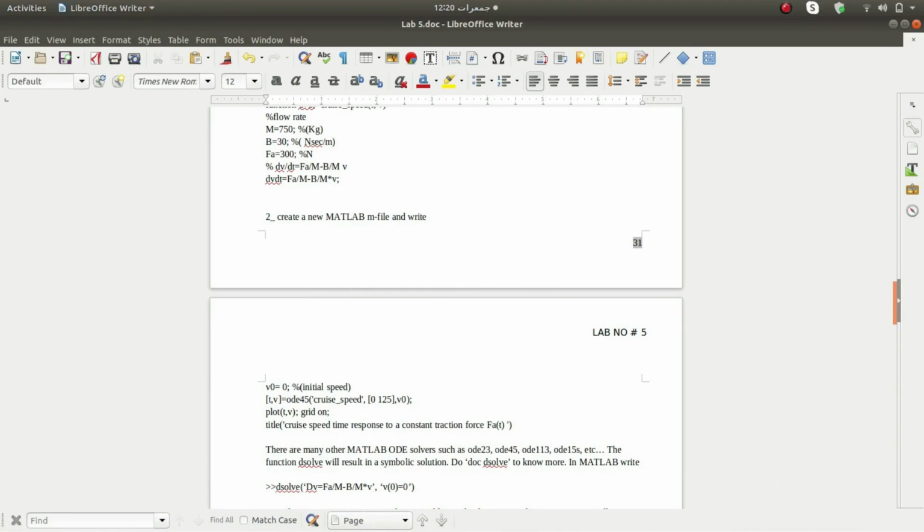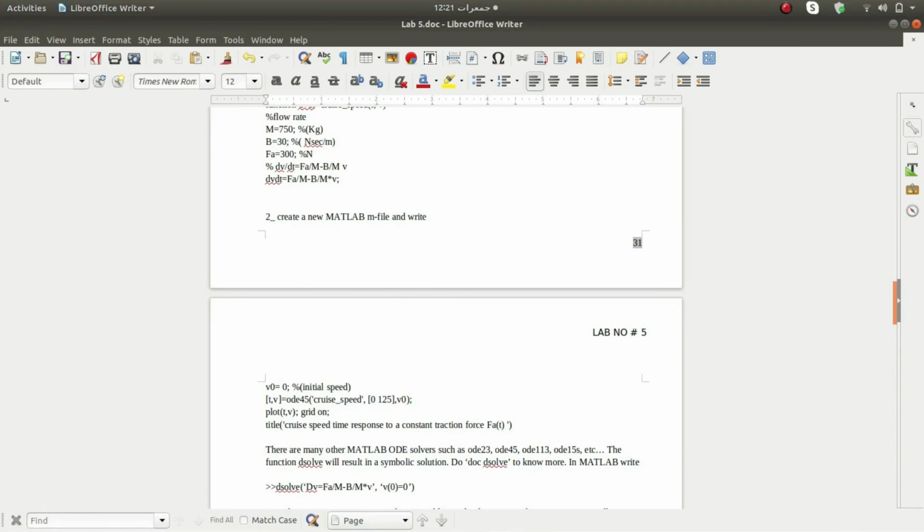You can also change this limit if you want to observe on a greater span like 250, 500, or a lesser span like 10 or 50. Here we are using a time span from 0 to 125, and the initial condition is v0, which equals 0.